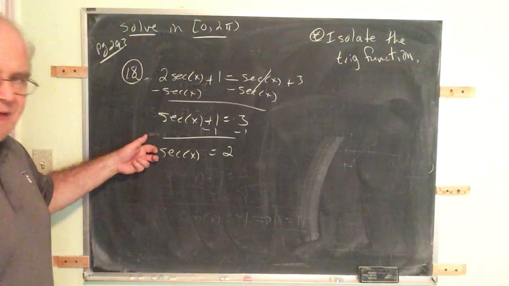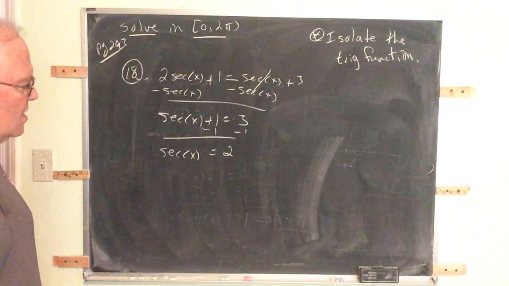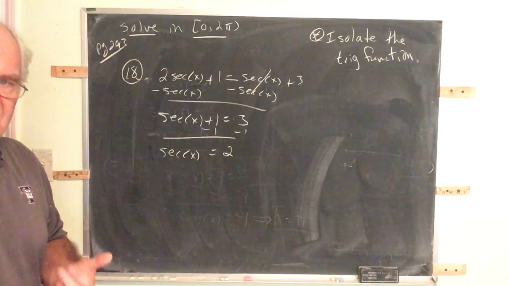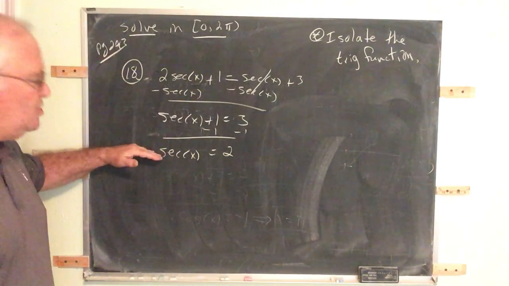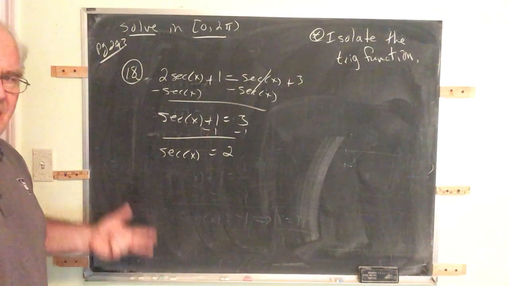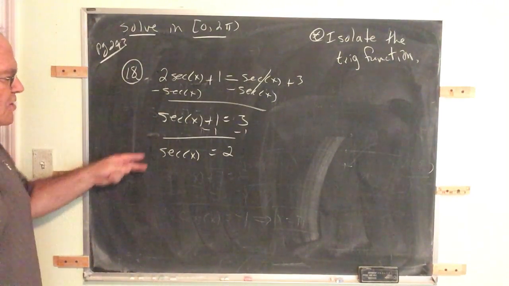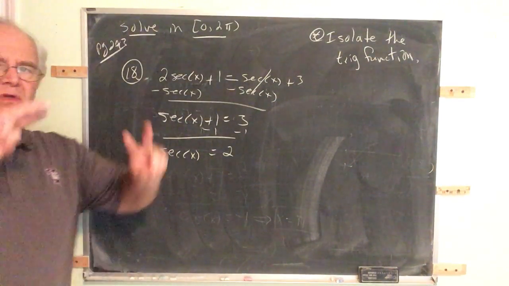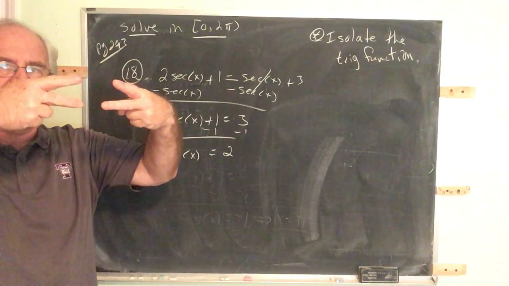Now, we're at a new place. I don't think we've really discussed this before, so this is fortuitous. Now we're going to talk about how you solve secant, cosecant, and cotangent. As soon as you get one of those isolated, the first thing you do is apply the reciprocal. If two numbers are equal, when you form the reciprocal, these are still equal to each other.